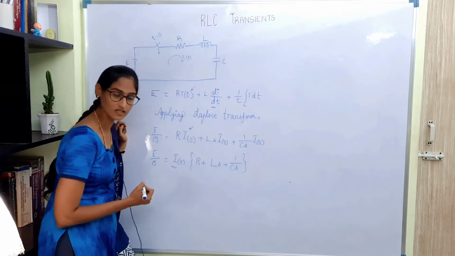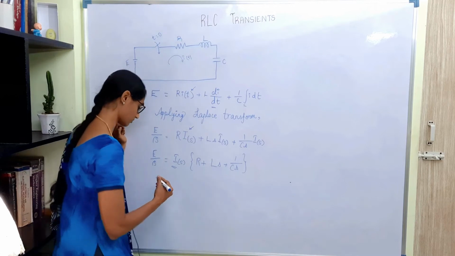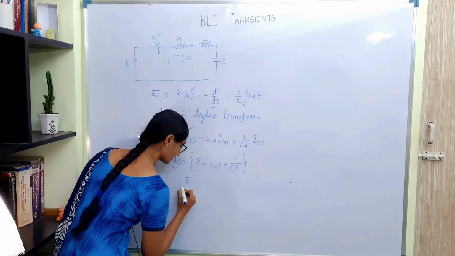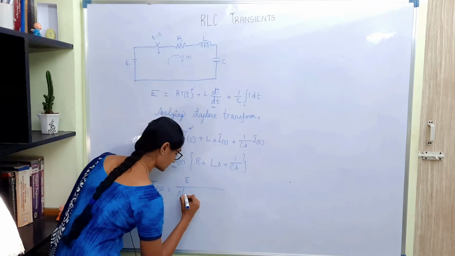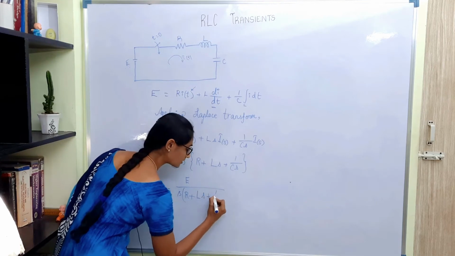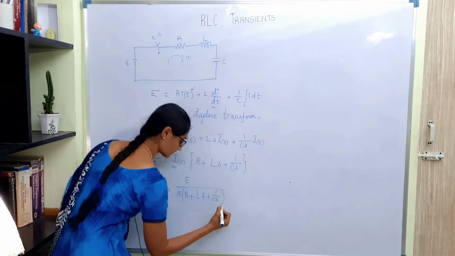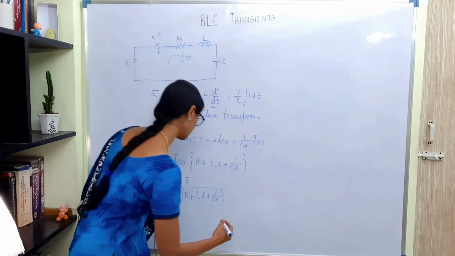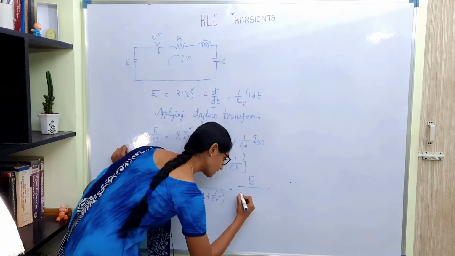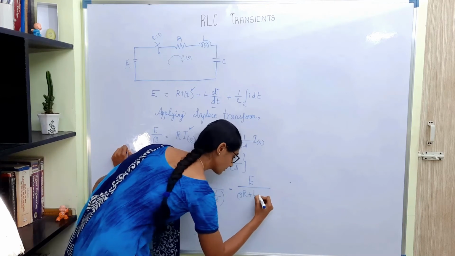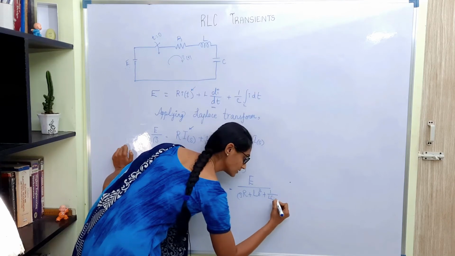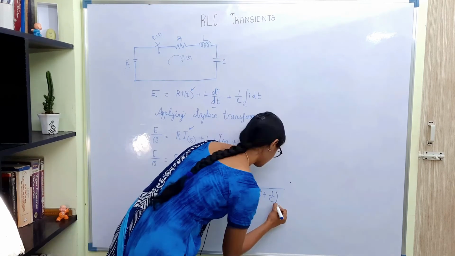Our aim is to find out this current I of S. So I of S will be E by S into R plus LS plus 1 by CS. If we multiply inside, we will be getting E divided by SR plus LS square plus 1 by C.